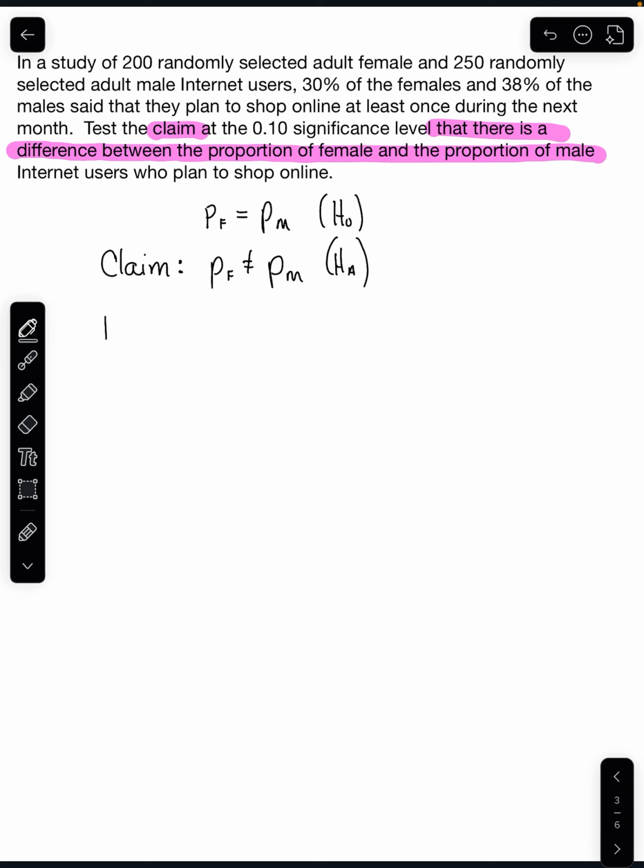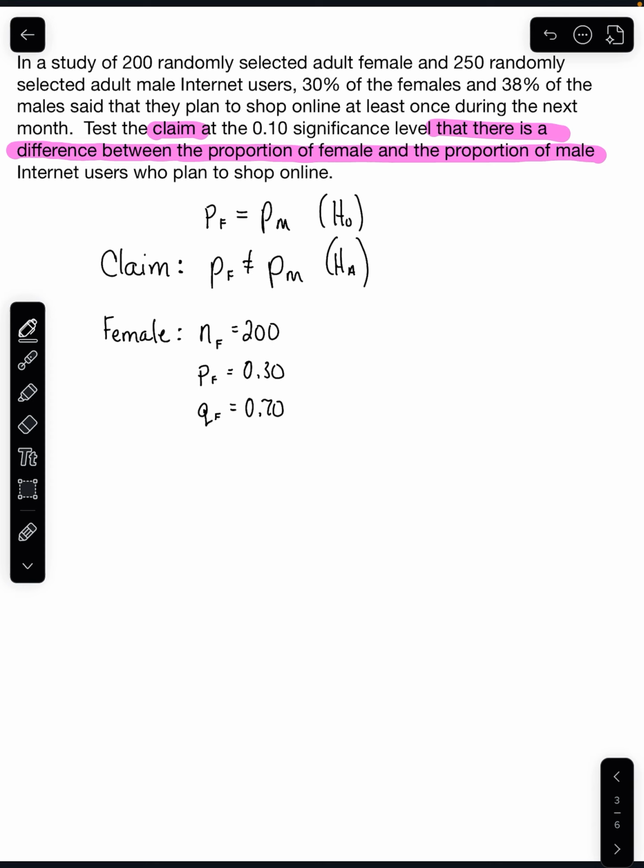So for the females, the sample size is 200. The probability of success for our females is 30%, which therefore means our probability of failure for the females is 70%.